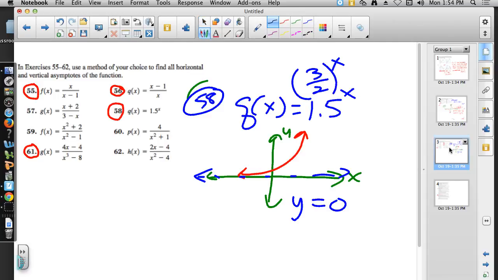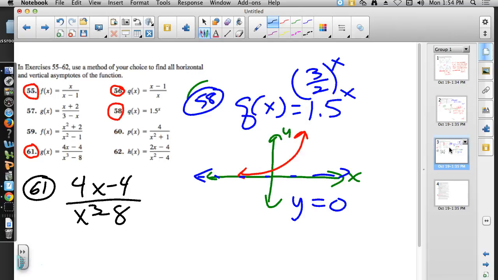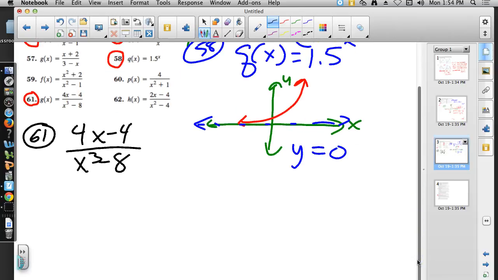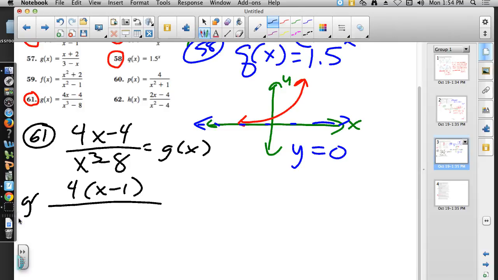And then number 61. Oh, this is a good one because this is going to require that you remember how to factor the difference of two cubes. On the top we have a 4 that we can factor out. On the bottom we want to see, how do you factor x cubed minus 8?